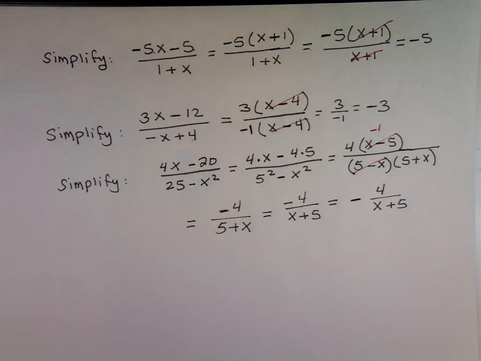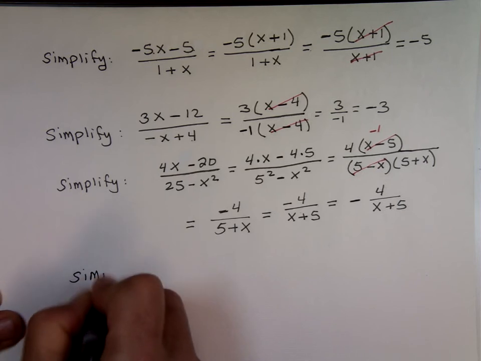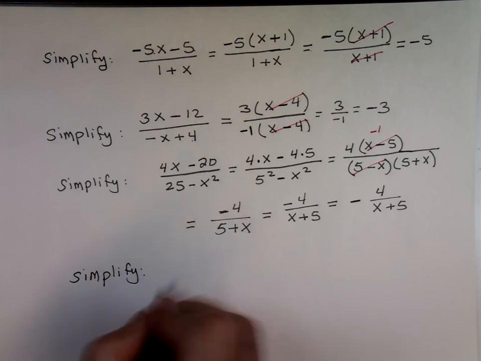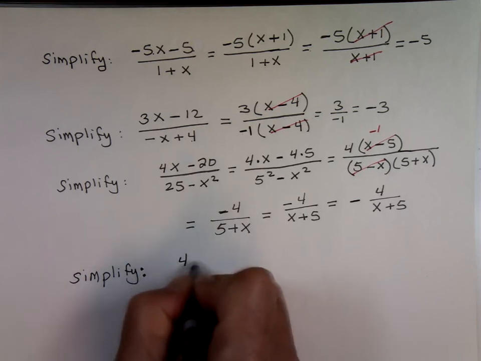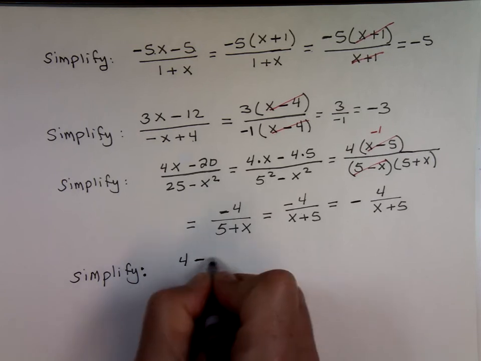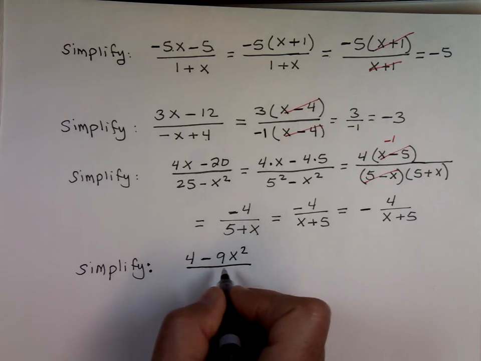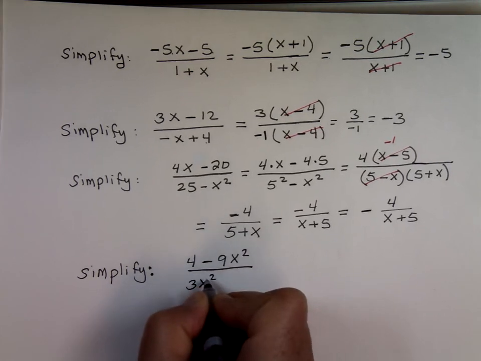We'll do one more. Four minus 9x squared over 3x squared plus x minus the 2.